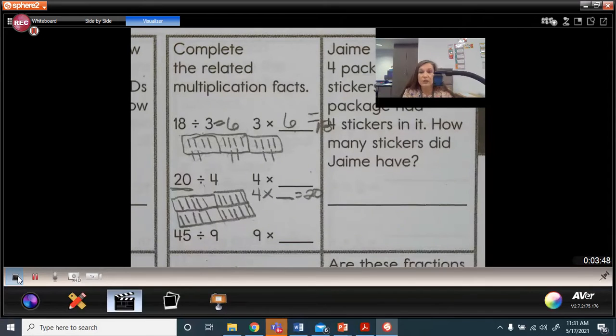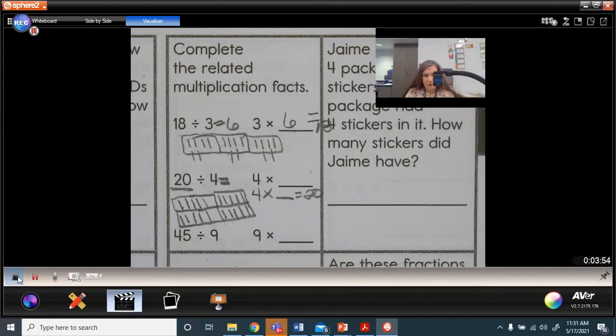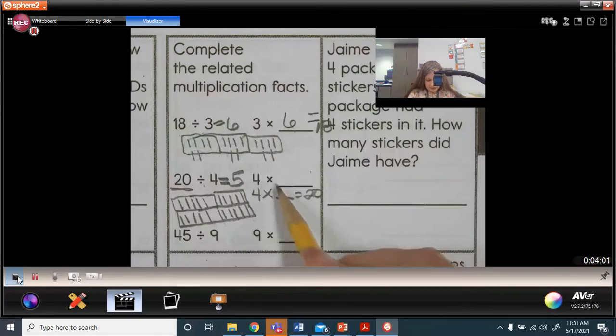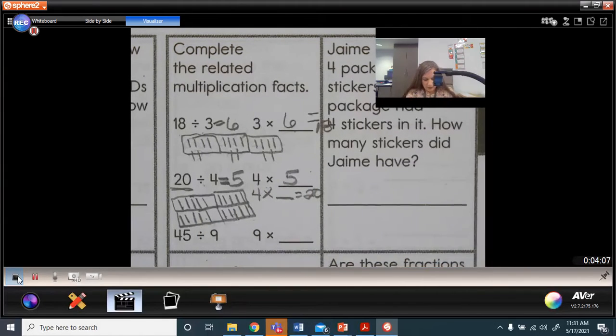How many objects do I have in each group? Right, I have 5 objects in each group. So if I take 4 groups, 1, 2, 3, 4, and I take 5 in each group, I'm going to get the 20 objects that I started with in my division sentence.